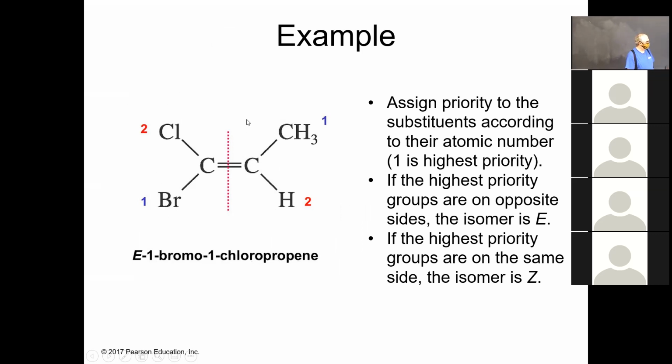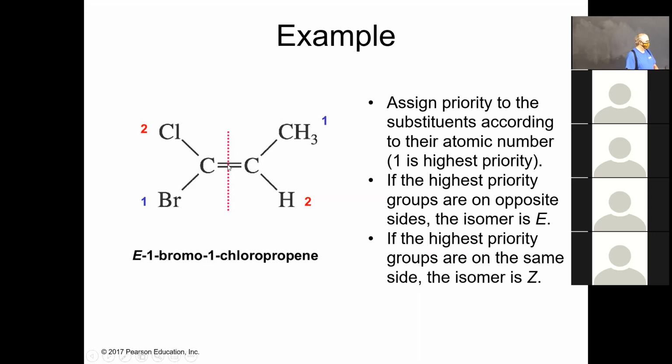So we mentally divide both sides of the double bond here like this, and then we establish priorities based on atomic number. Just like with R and S, except we only compare 2 priorities instead of 4.